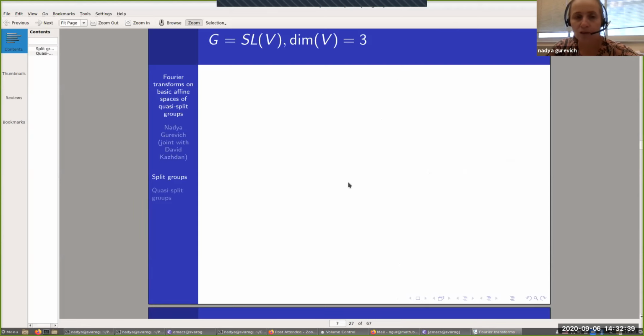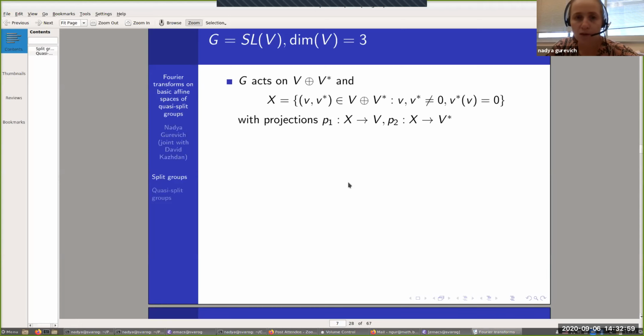Okay, so let me consider the case G is SL3, or in other words, SLV, where V is a three-dimensional space. In this case, it is nice because the space X, which is G mod U, in fact has an explicit model, which I will present in a moment. So now, notice that G acts on V and also on its dual space.